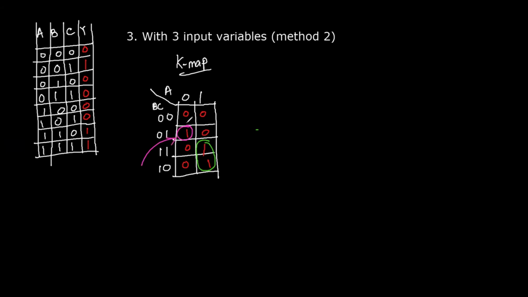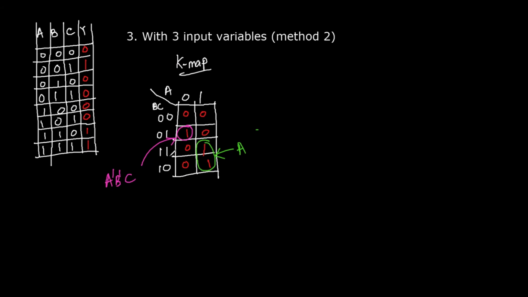So coming up with the Boolean expression for this isolated one, we see that A is a constant of 0, which is complement of A, and B and C are also constants of the complement of B and C. That is the expression we come up with. And over here, we got A as a constant of 1, which is just A, and in the combination of B and C, you see that B does not change.